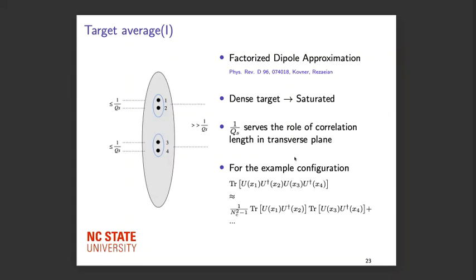What it means is that when you have four Wilson lines propagating through your target, when the separation of two pairs is much greater than this correlation length, but the distance within each pair is smaller than this correlation length, then essentially they factorize into a product of two dipoles, which greatly simplifies your expressions.